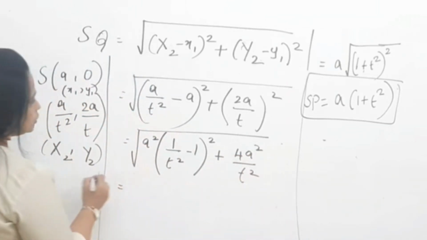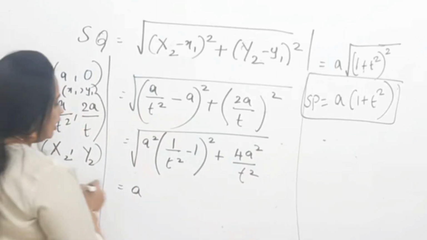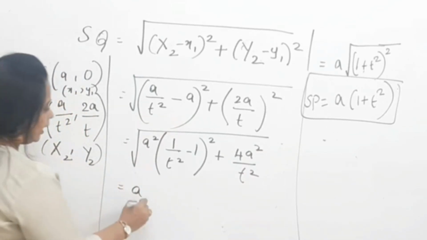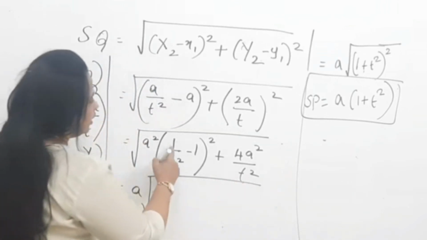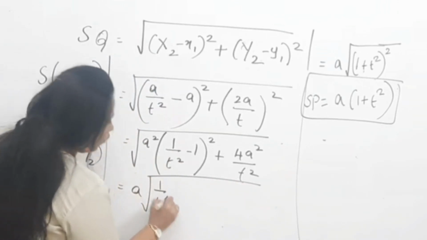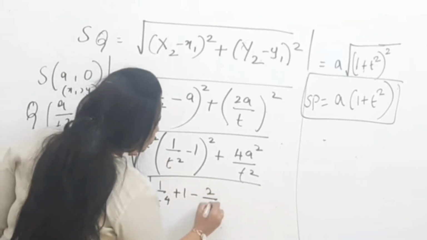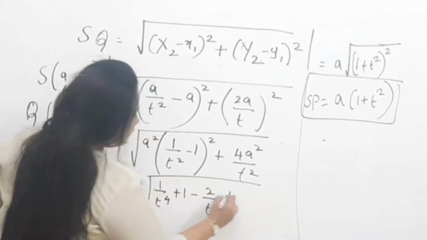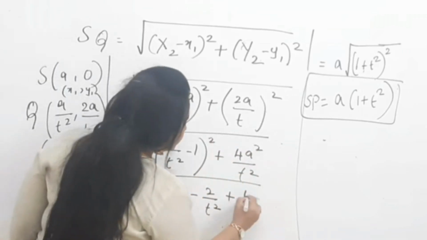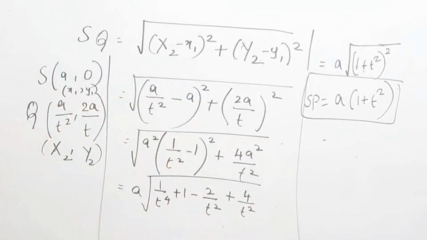Now I am going to take my square root of a square and it becomes a, then square root of 1 by t power 4 plus 1 minus 2 by t squared, plus a square is already taken out, so I would have my plus 4 by t square.